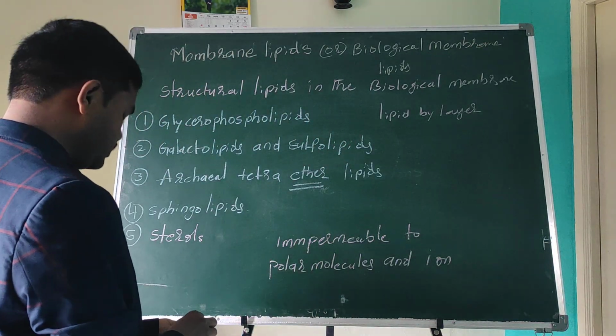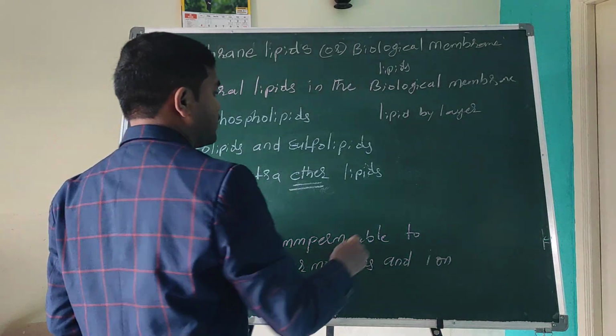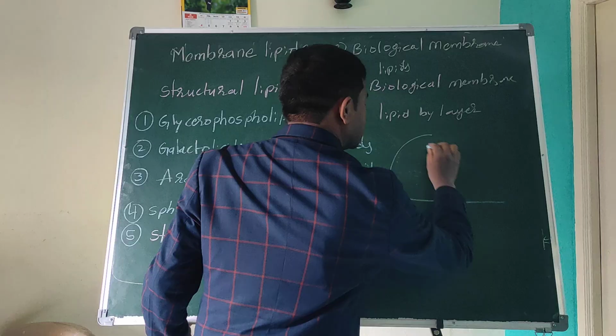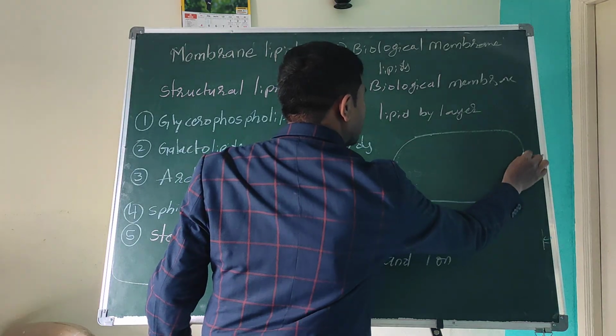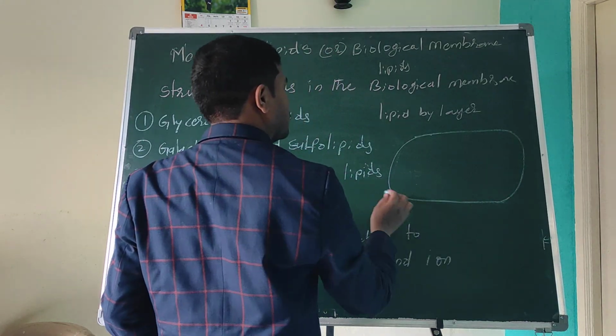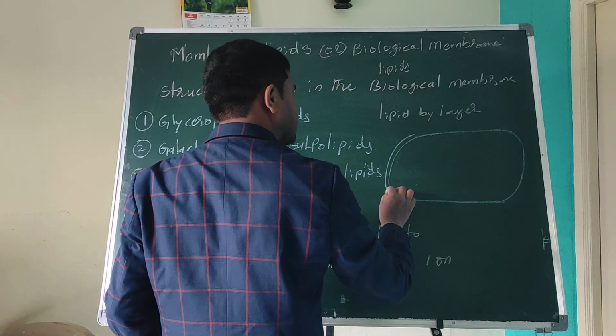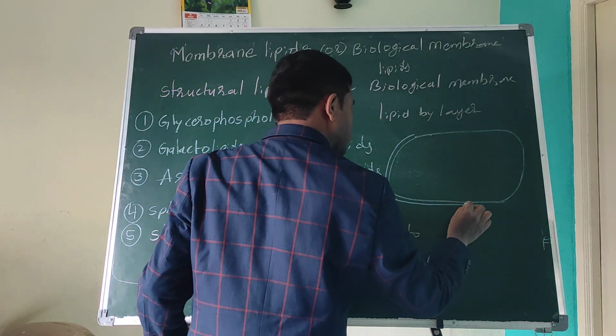For example, this is the cell membrane. It has a double layer structure.